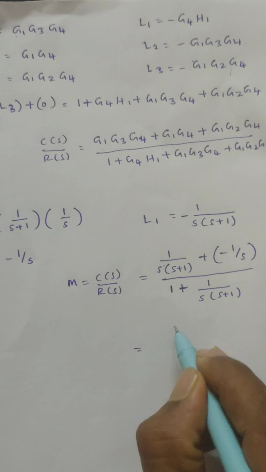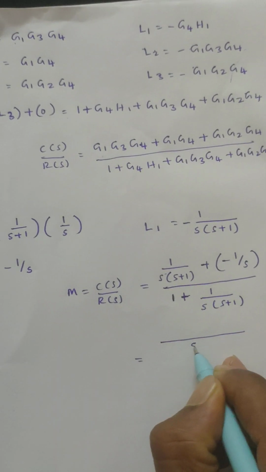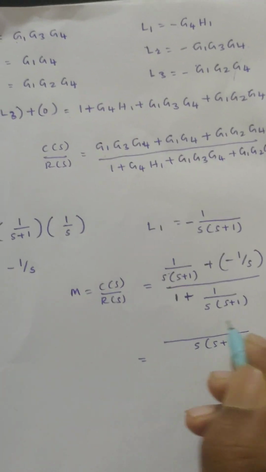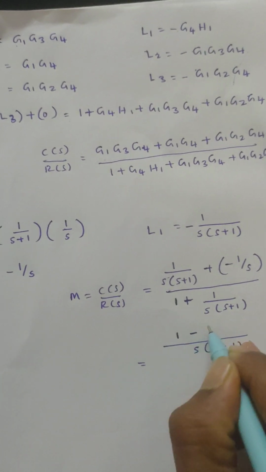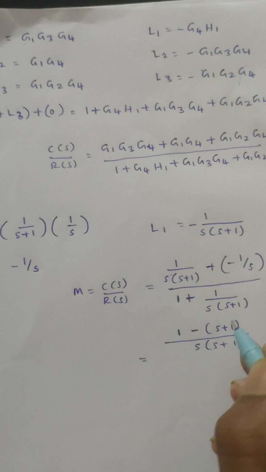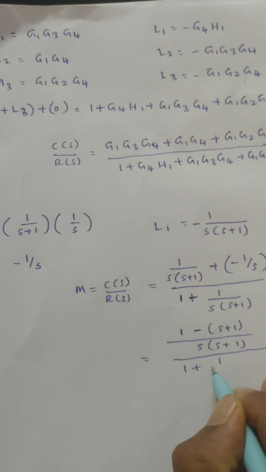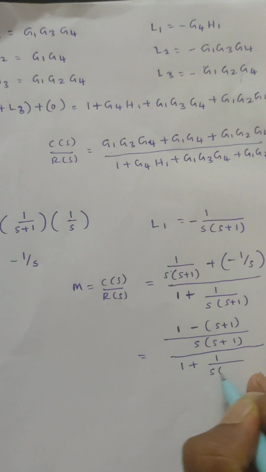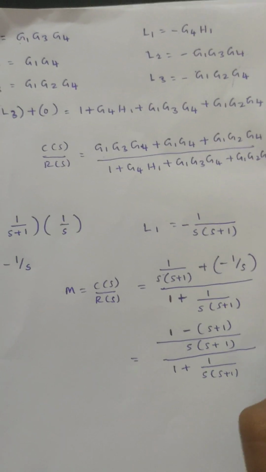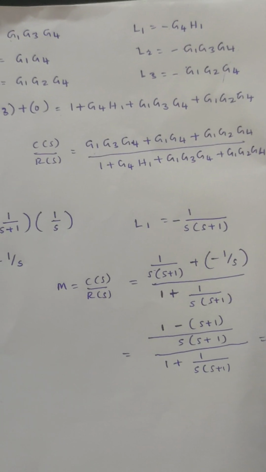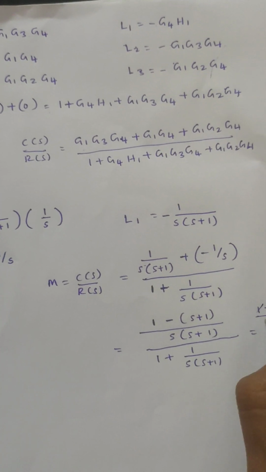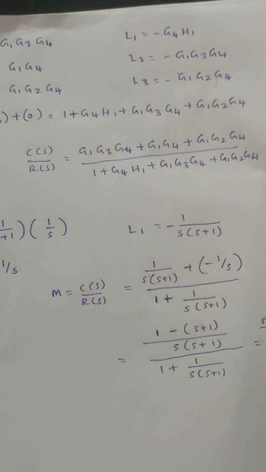If I simplify this equation, S into S plus 1 is the LCM, here you will get 1 by S into S plus 1 minus 1 by S, divided by 1 plus 1 by S into S plus 1. That is equal to 1 minus S minus 1, the minus 1 and plus 1 will be cancelled, here LCM is S into S plus 1.